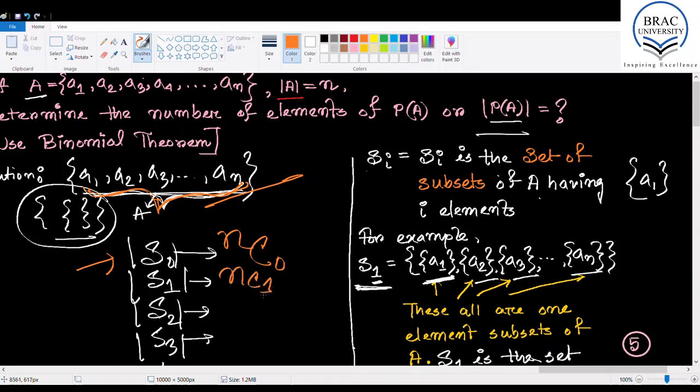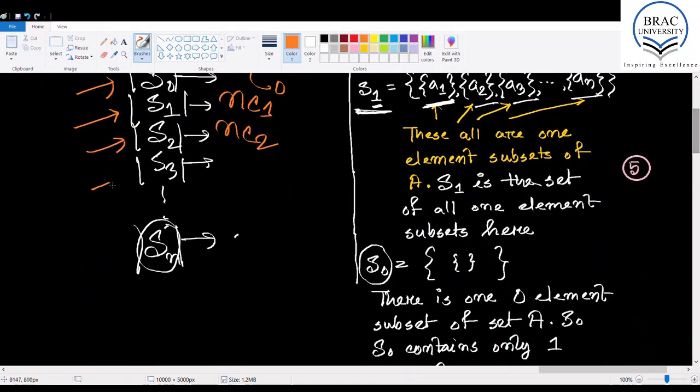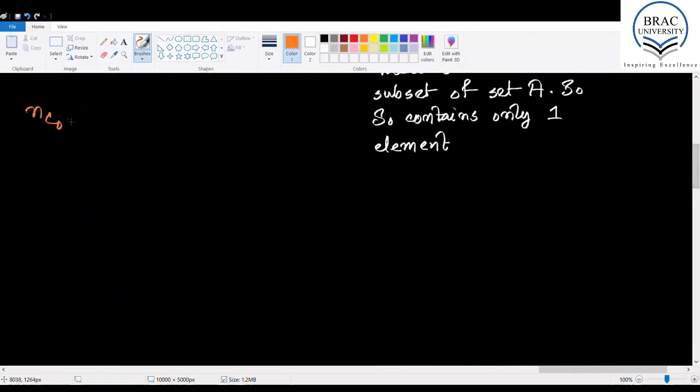NC1. That means there will be NC1 one element subsets, then NC2 two element subsets, NC3 three element subsets, up to NCn n element subsets. So if we add all of them, NC0 plus NC1 plus NC2 plus NC3 up to NCn, this will be the cardinality of the power set of A.